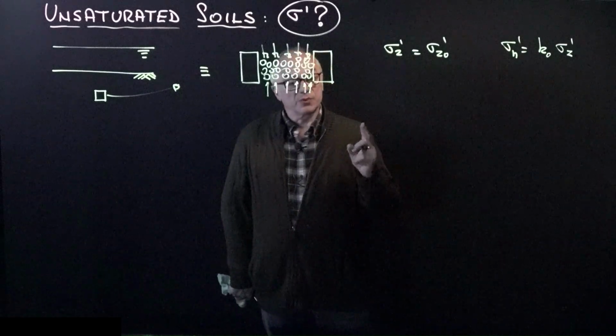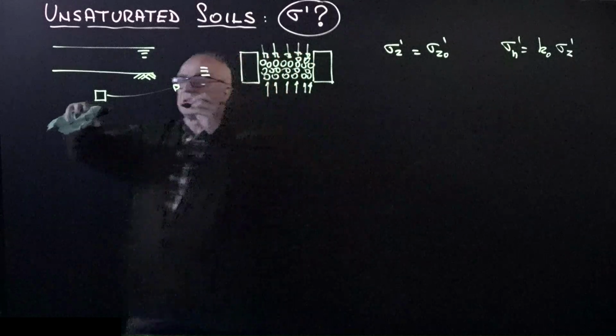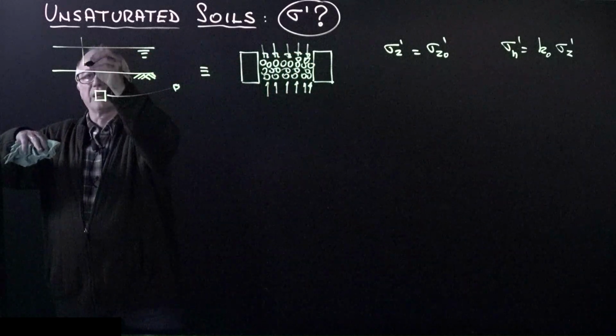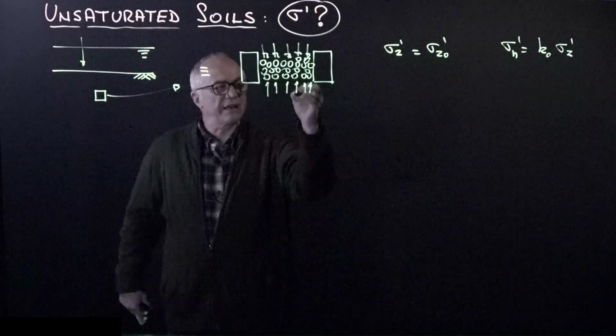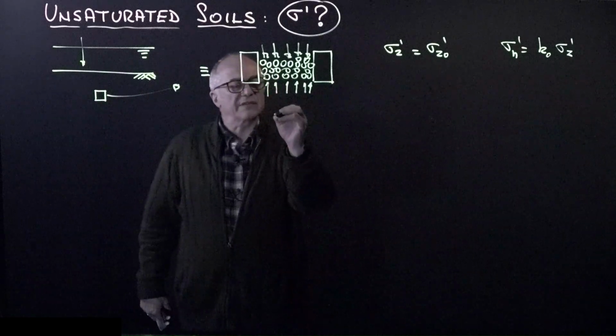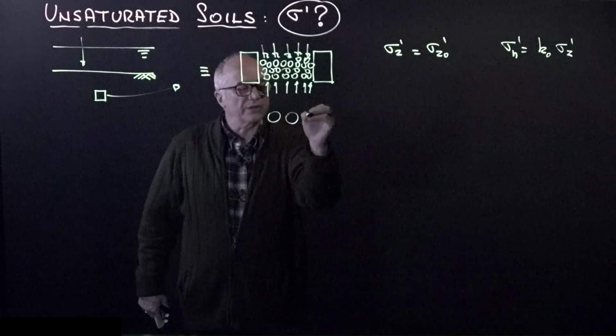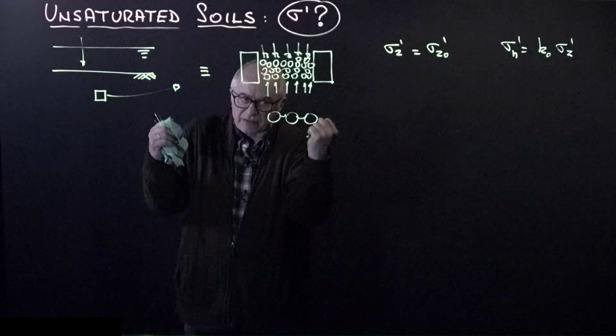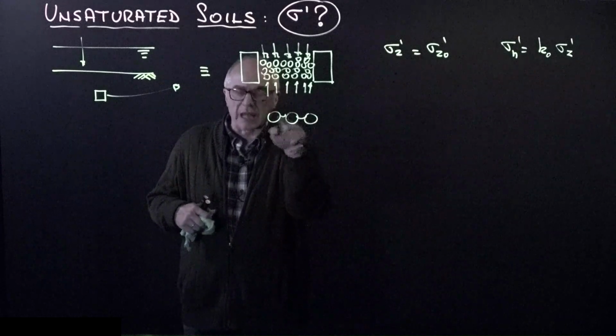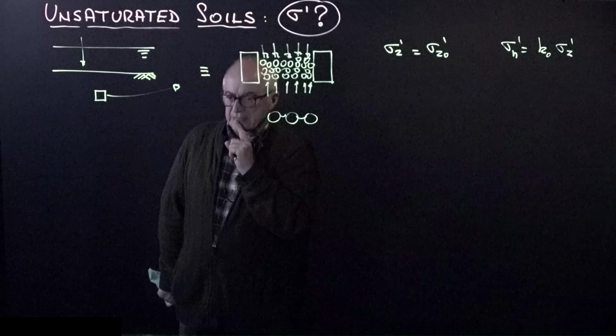Now the question is, what happens when the water goes down, reaches the water table, and continues evaporating? If I zoom in here, now I have a situation where the water has reached the particles, is hanging from the particles, the water goes into suction, and we add the interfacial tension.